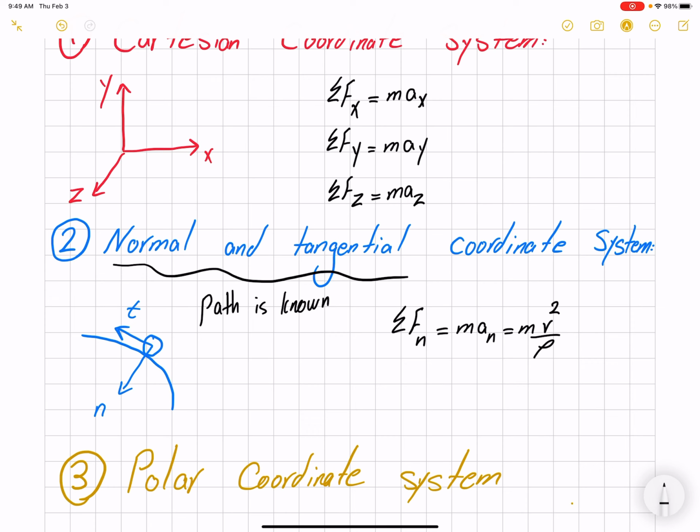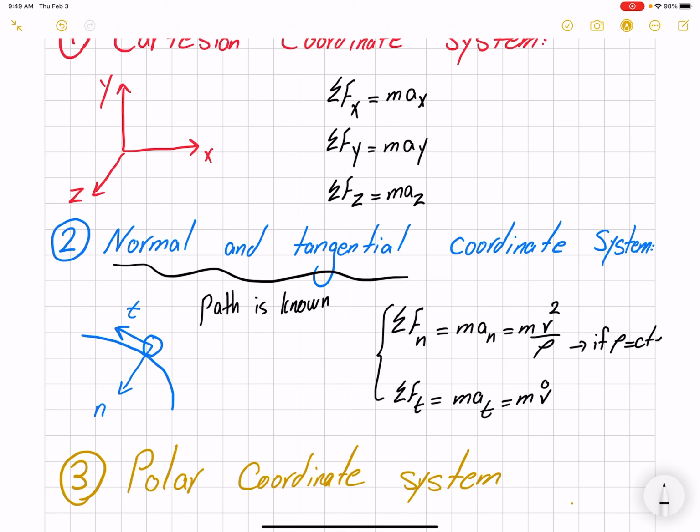So if the radius of curvature is constant, then this coordinate system would be very helpful. If it's changing, then we are better off with the polar coordinate system. Tangential acceleration is just change of velocity over time. So this coordinate system would be helpful if rho is constant.